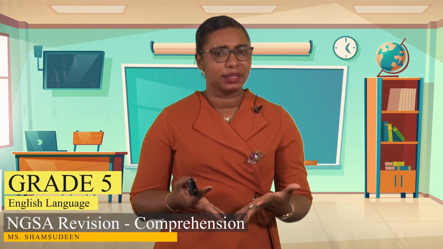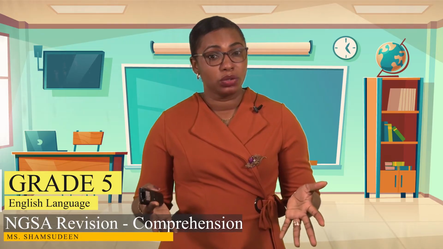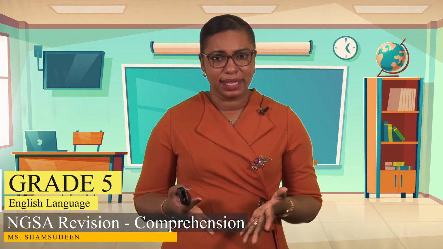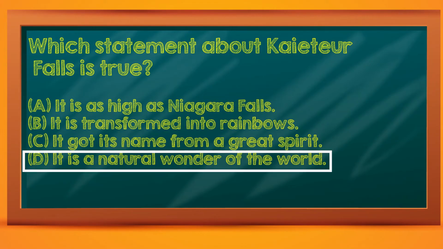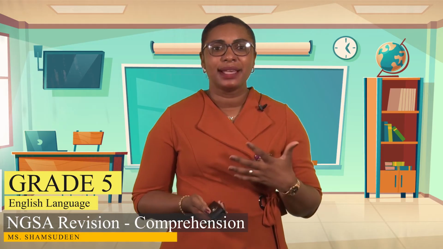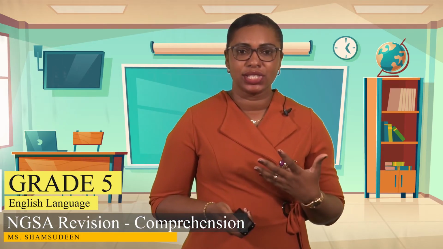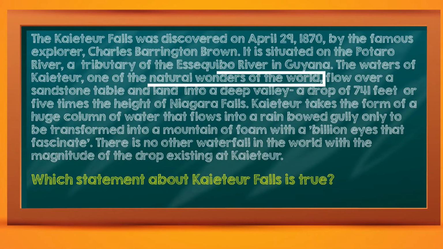Did it say that in the passage? It is transformed into rainbows. Was that said? It got its name from a great spirit. It is a natural wonder of the world. Now you have to go back again to see exactly what the passage said. And if you read carefully, you would have seen it said, it is a natural wonder of the world.